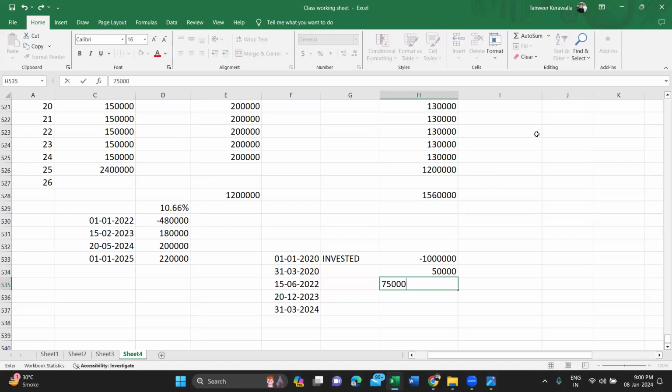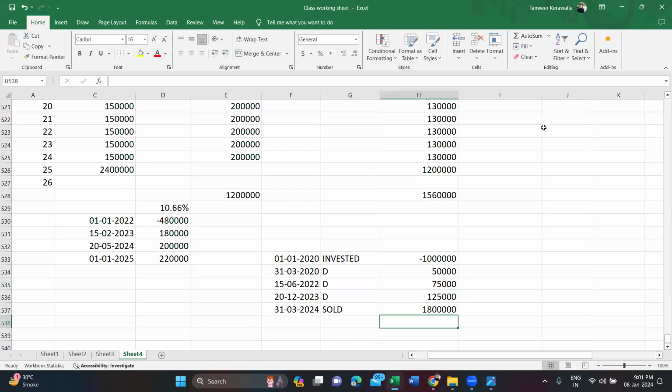Then 75,000 dividend on 15th of June 2020. Then 1,25,000 dividend in December 2020. And on 31st March 2024, he sold all the shares for 18 lakhs.